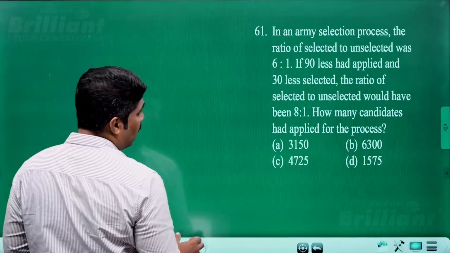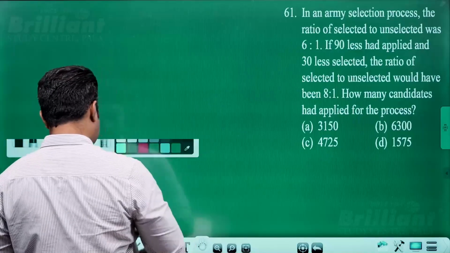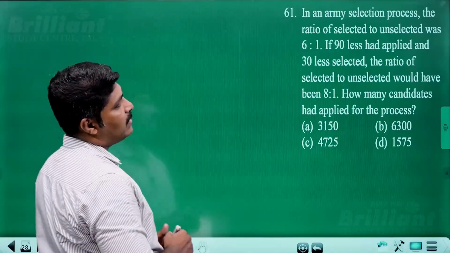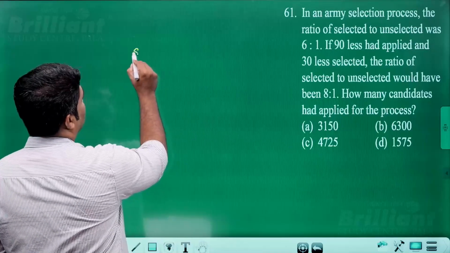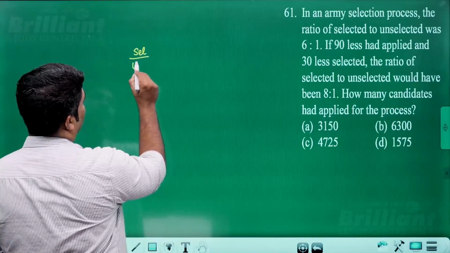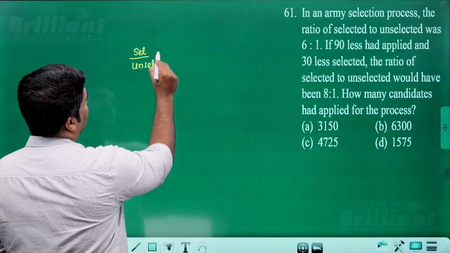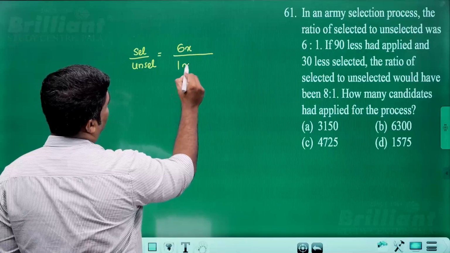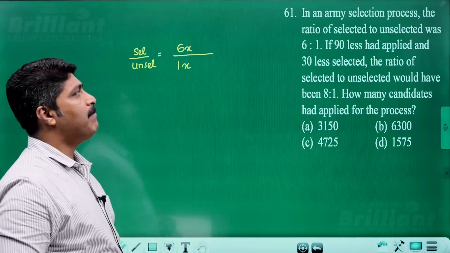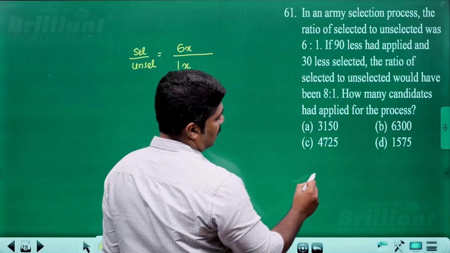So here we have to categorize selected and unselected. Selected is 6x, unselected is 1x. 90 less applied and 30 less selected.